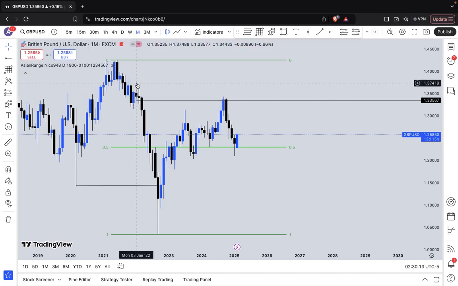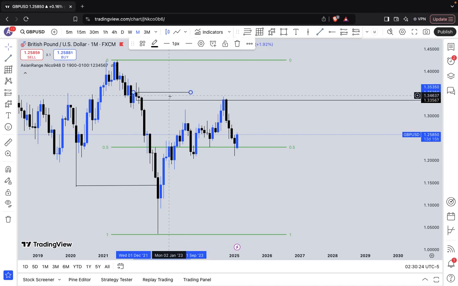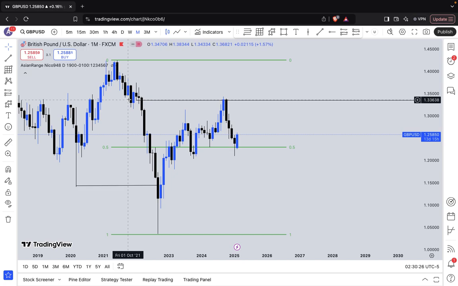Where is the candle that took out the liquidity? This is the candle that took out liquidity. So this is your order block candle that you want to mark out.